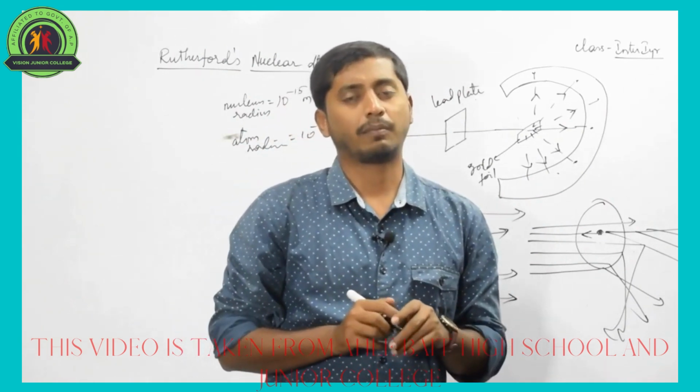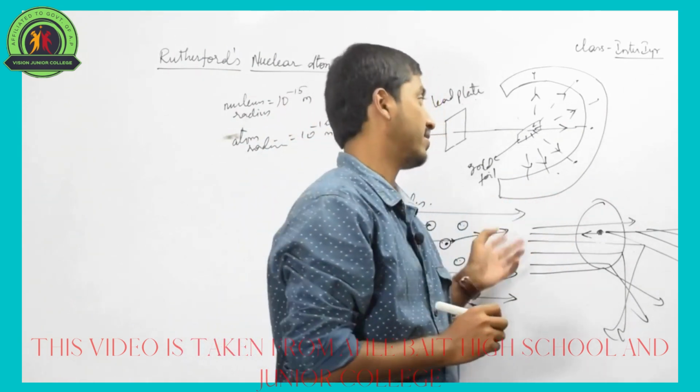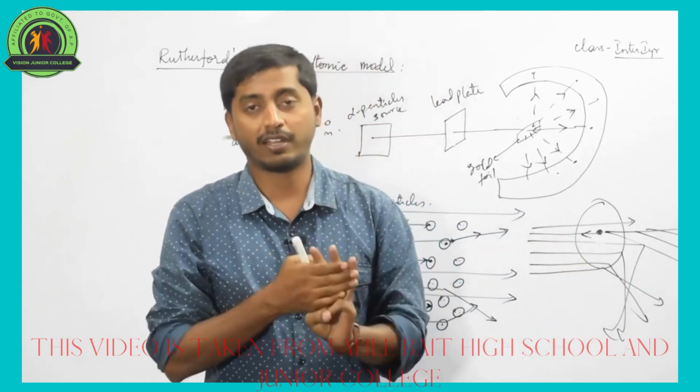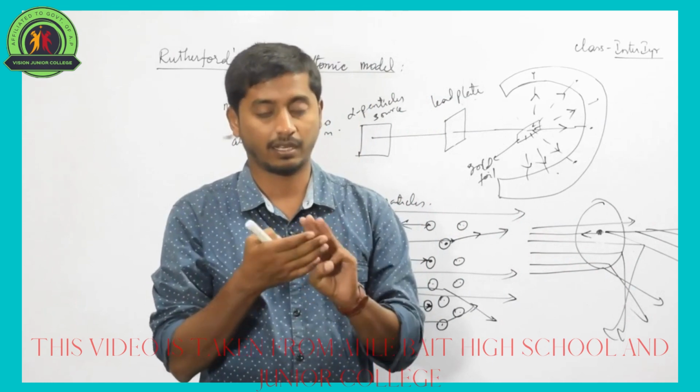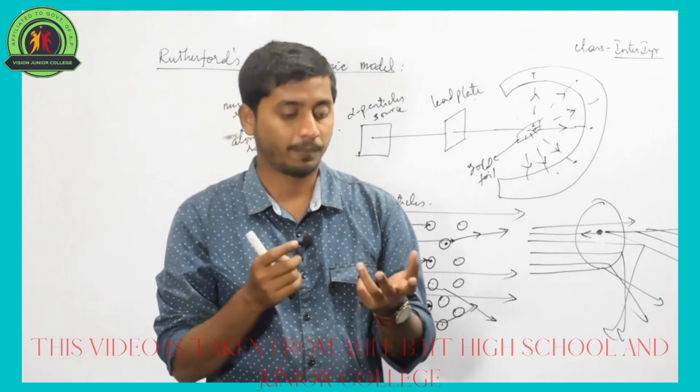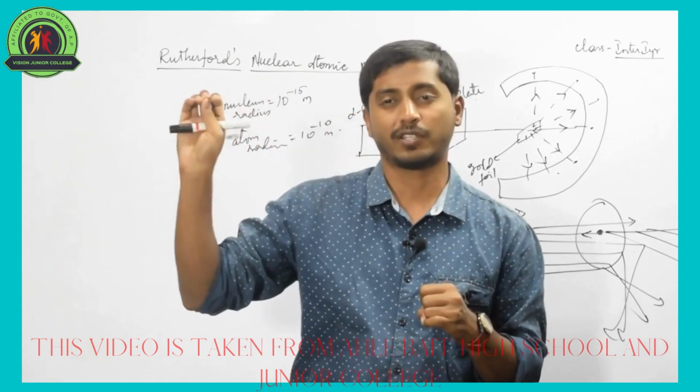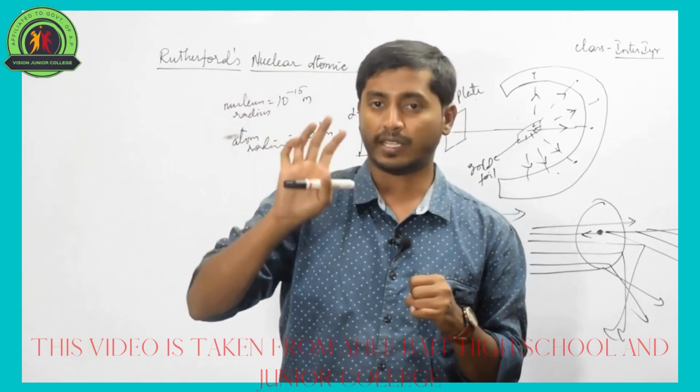What are his postulates? Based on the previous results and conclusions, he tells 3 points. What are those 3 points? Try to understand these. These are the major things which you have to remember. What was the first conclusion? He tells that there is only a little bit of positive charge, the remainder is empty, right.